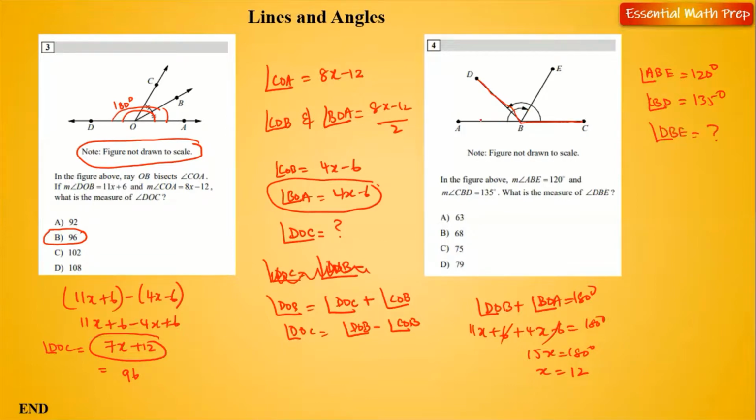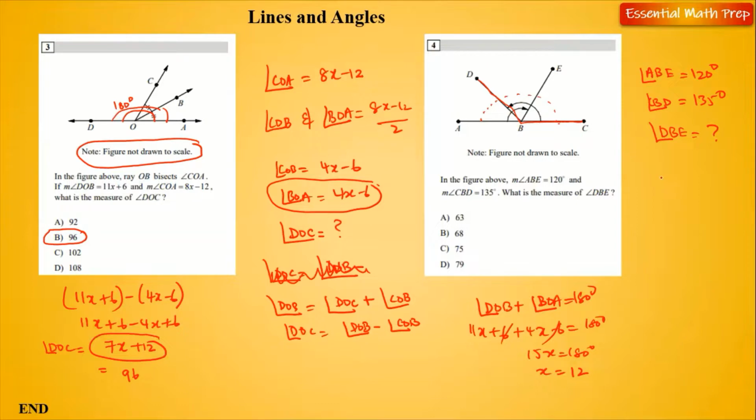So this whole angle is 180 degrees. If you can find a way to subtract somehow, then that'll give you this. So what do we need? We need DBE. How do we write it?